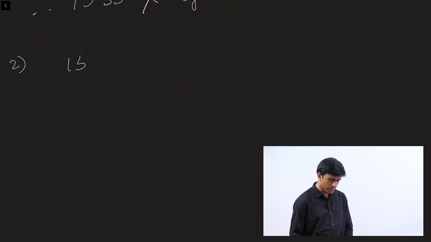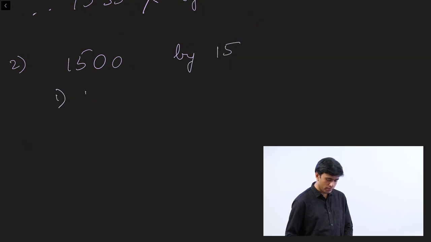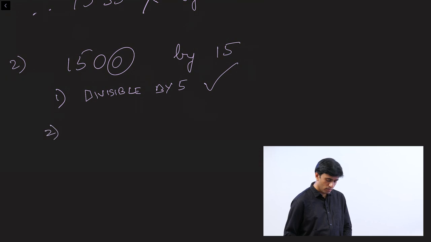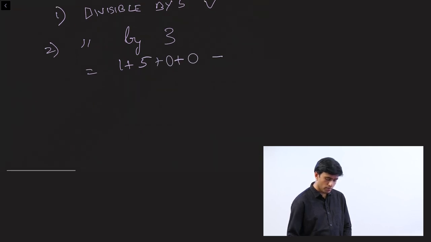Let's take another example. 1500. Is this number divisible by 15? First step, divisible by 5? Yes, because it is ending in 0. Divisible by 3? Let's see. 1 plus 5 plus 0 plus 0 gives you 6, which is 2 into 3.